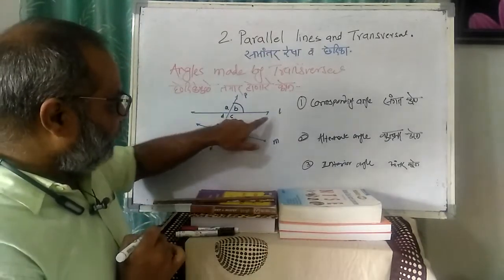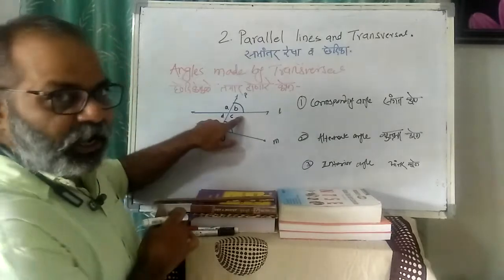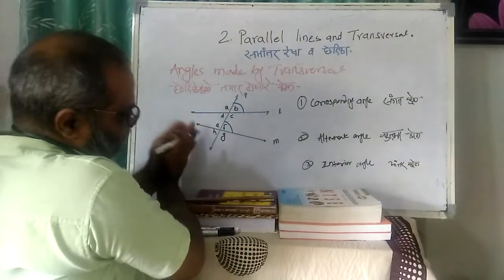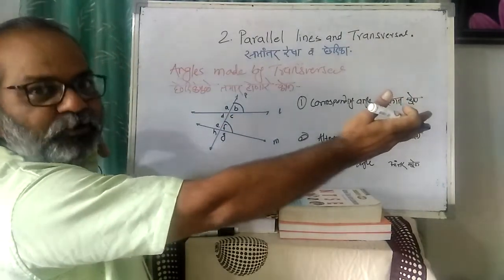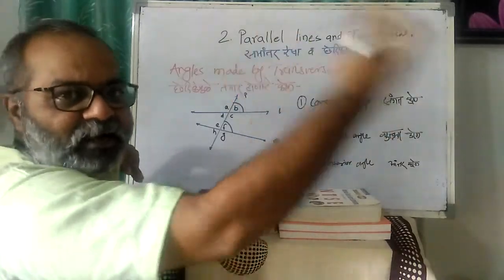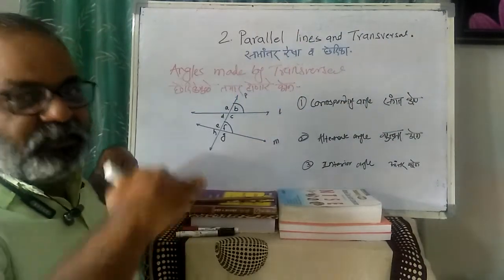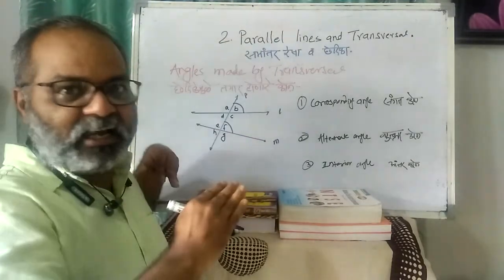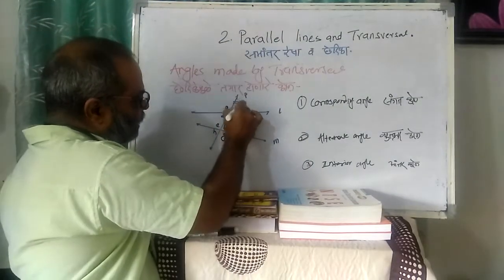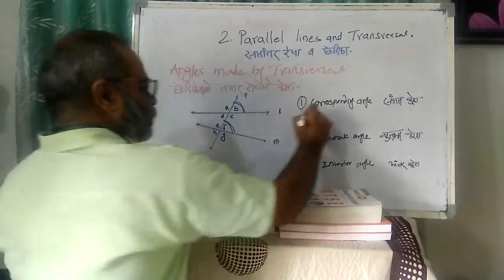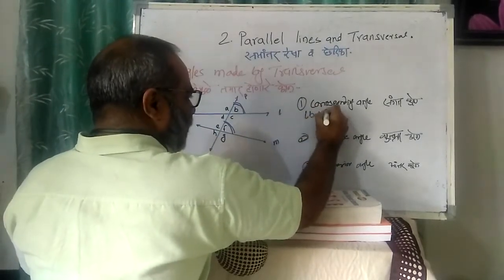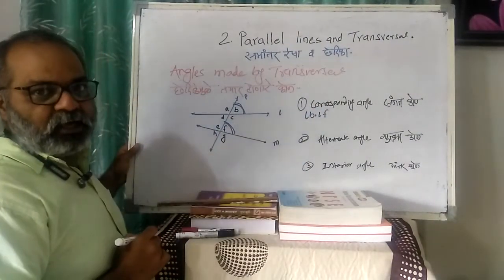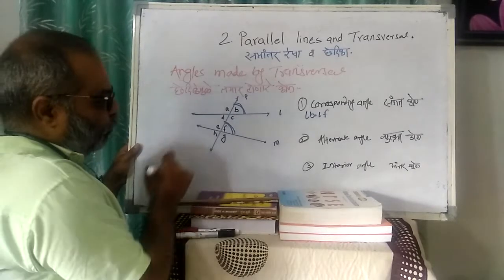So angle B, the angle which is just above the line, and same angles are on the same side of the transversal. ट्रान्सव्हर्सलच्या एकाच बाजूला असलेले लाईनच्या वरचे किंवा लाईनच्या खालचे सेम. देर इज अ पॅटर्न, एक वरचा एक खालचा चालत नाही. सो अँगल बी इज देअर, अँगल एफ इज देअर. सो अँगल बी, अँगल एफ, दिस आर दी करस्पॉन्डिंग अँगल, हे संगत कोण आहेत.